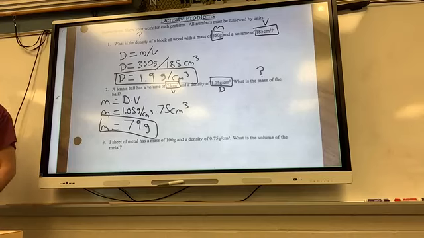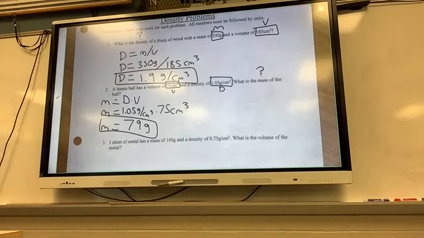Try number 3 on your own. When I see it, the minimum is 1 sig dig, so we have to round that. You're right, your answer is correct.